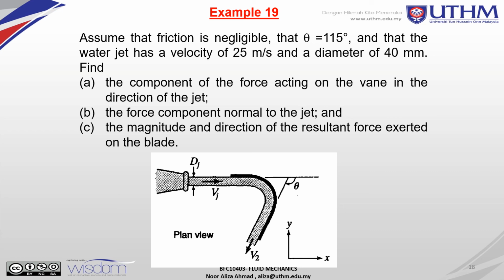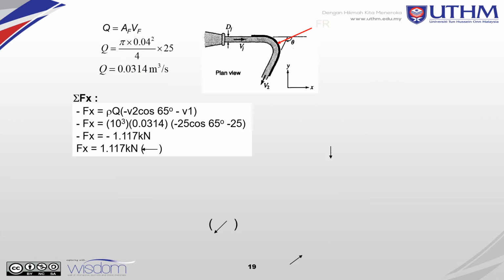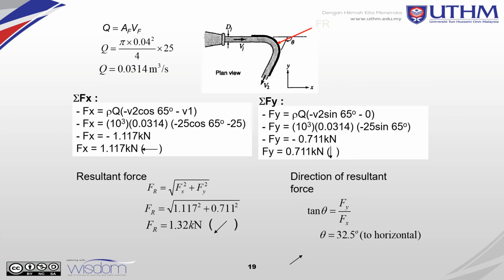Assume the friction is negligible. Find the component of the force acting on the vane and the force component normal to the jet, and the magnitude. This is the solution for the bend.